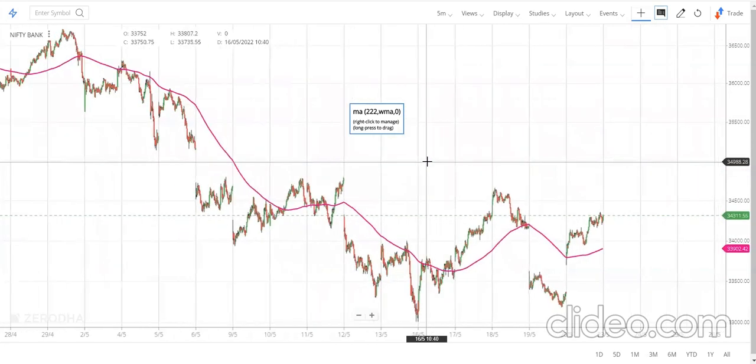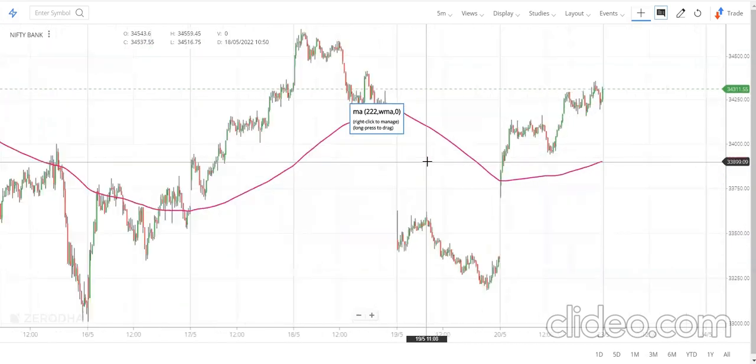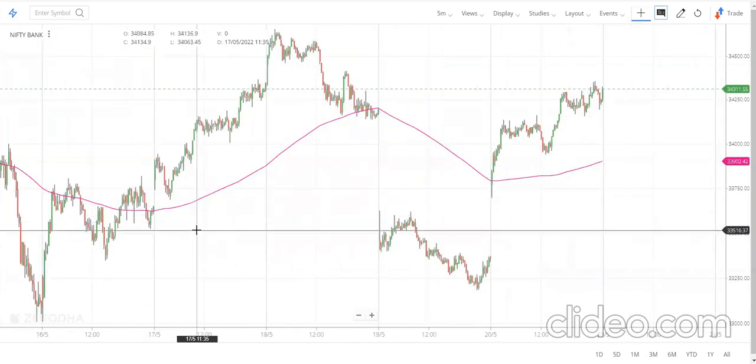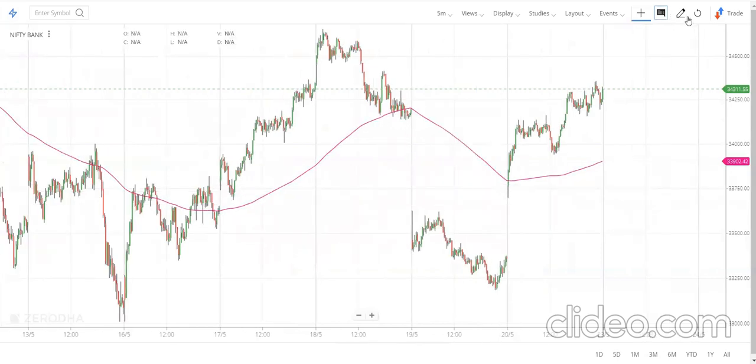Now, the simple meaning of mean reversion is this. Let's say this is the moving average, and markets have stretched like this, this much distance from it.